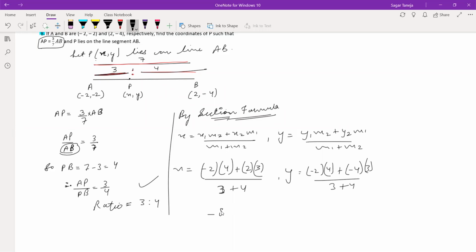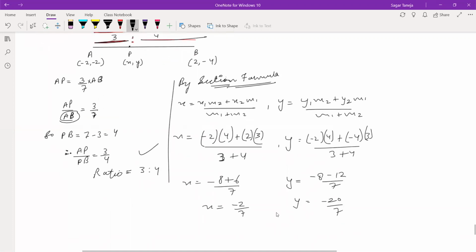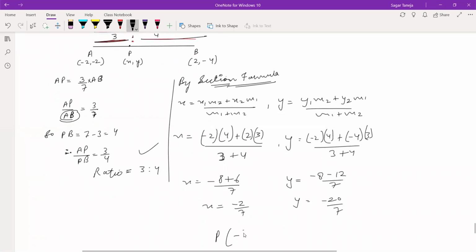So it is minus 8 plus 6 upon 7, and it is minus 8 minus 12 upon 7. So here we have minus 2 by 7, and here we have minus 20 by 7. So coordinates of P are minus 2 by 7 and minus 20 by 7. Yes, these are the answers.